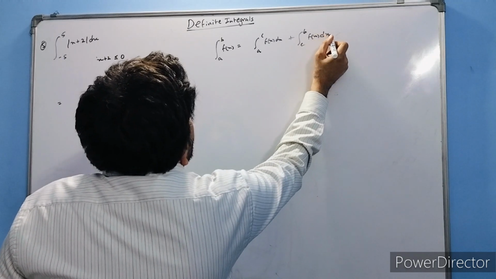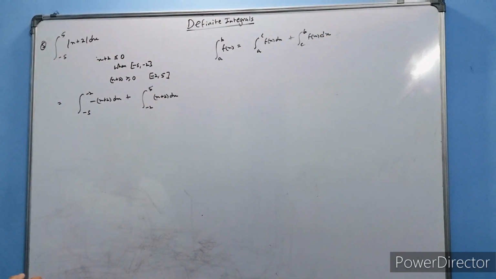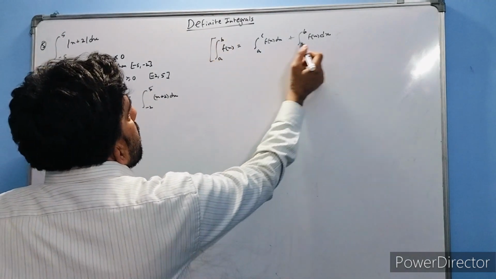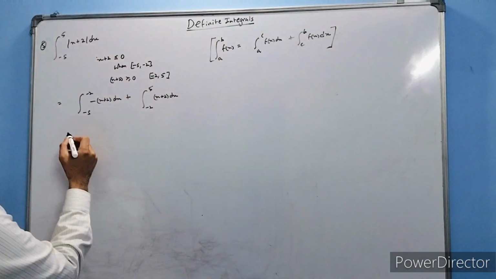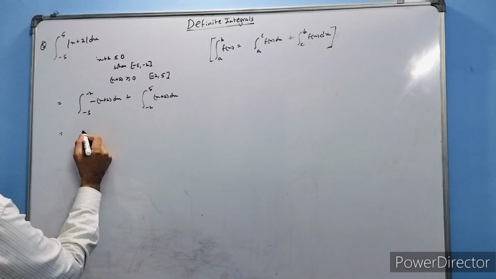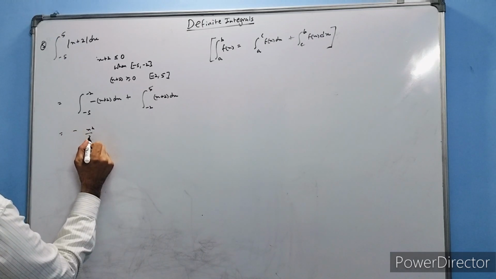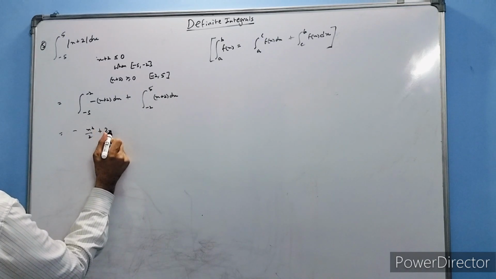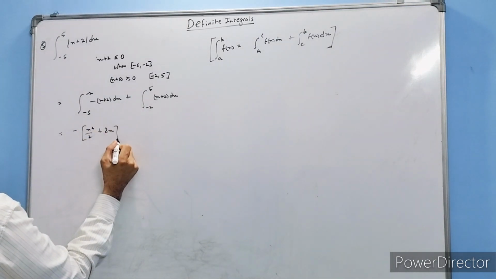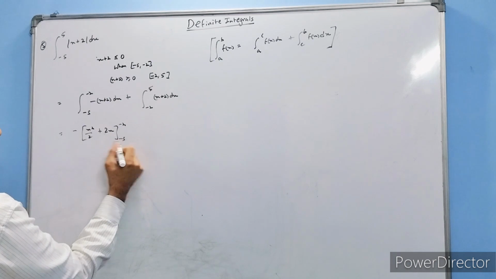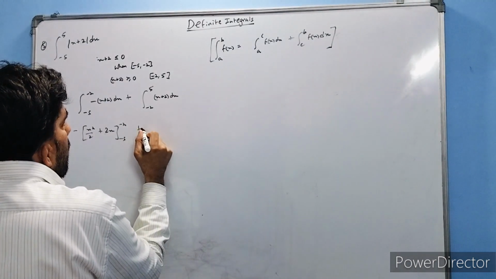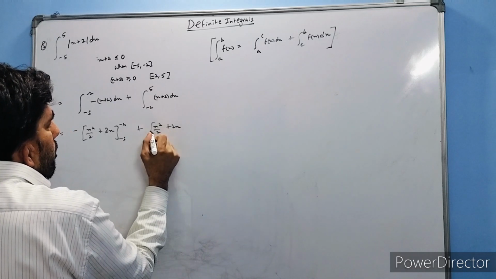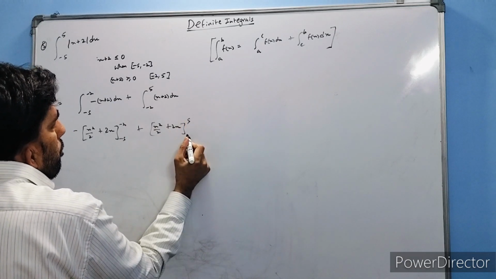That is the property I have used here. Now let's integrate first. I will get x square by 2 plus 2x. Now let us implement the limits, and here also we have the same, but the limits are 5 and minus 2.